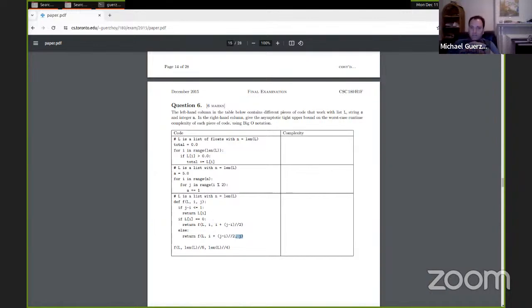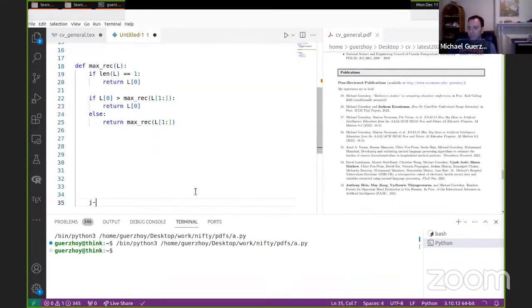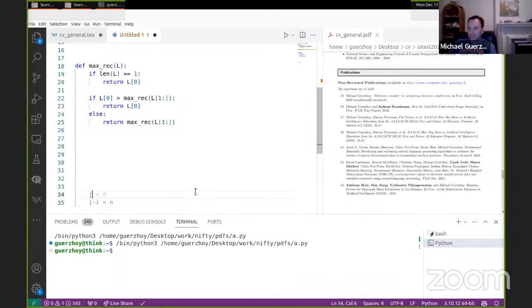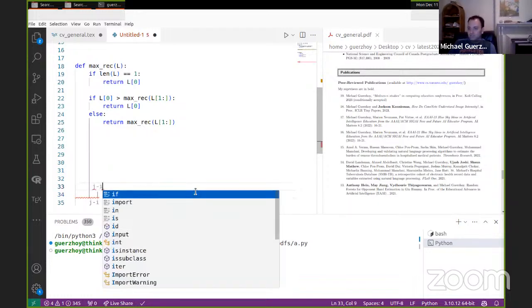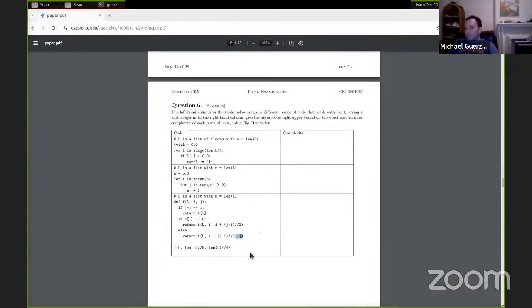So we can represent it graphically as J minus I is equal to N, and then J minus I is equal to N over 2, and so on. And that's because J minus I gets smaller by a factor of 2 every time, right?